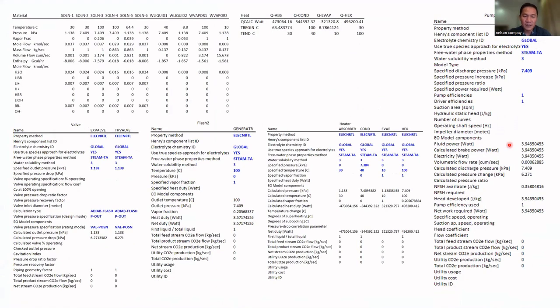These are the ASPEN generated detailed reports for each equipment and stream, which we can use for the material and equipment selection and further detailed design of the plant, which is not part of this presentation.